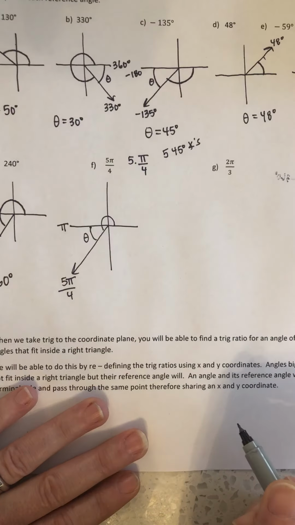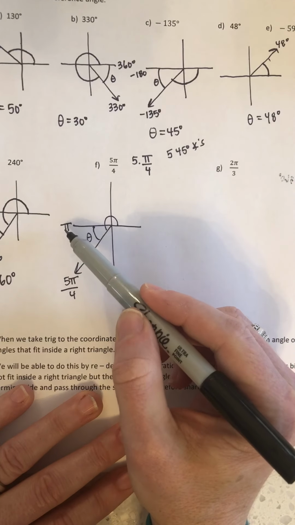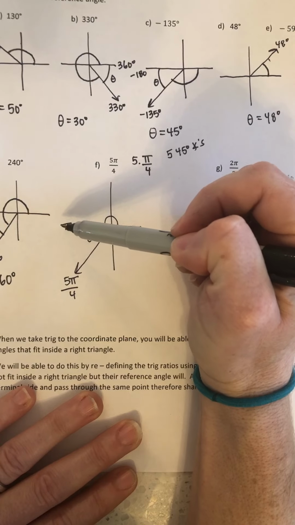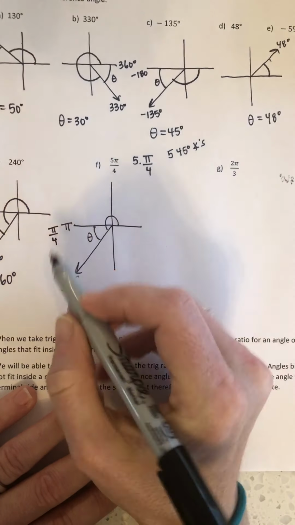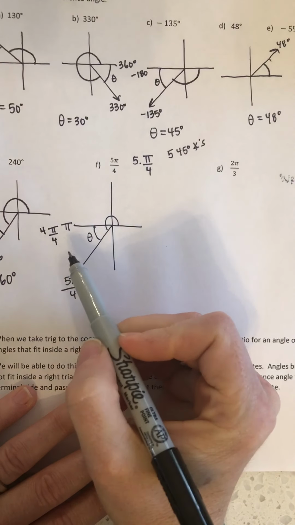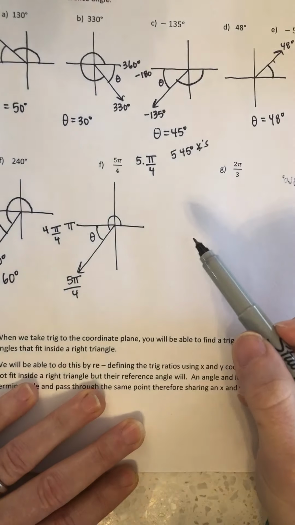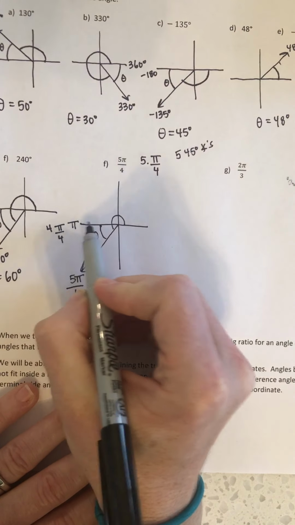That's 180 degrees. So if I'm going to work with pi's over 4, create an anchor. How many pi's over 4 would make pi? Do you agree that 4 pi's over 4 would make pi radians? Yes, because the 4's would cancel. So this is where 4 pi over 4's land.